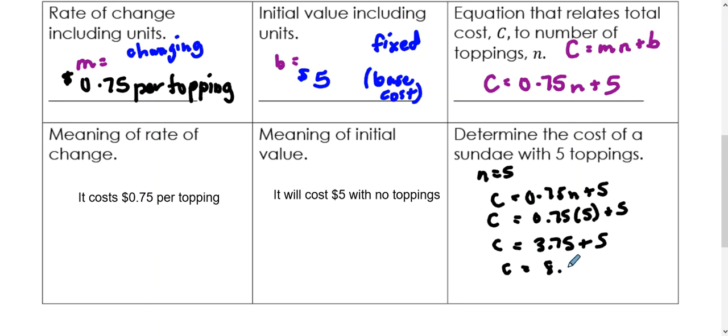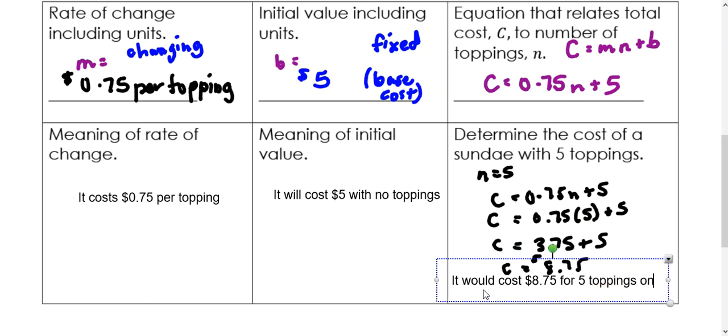So now I know that it would cost $8.75 for 5 toppings on my sundae.